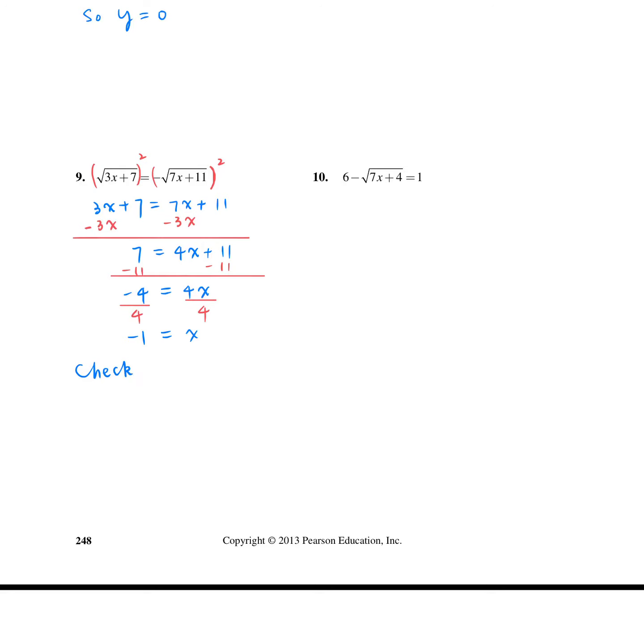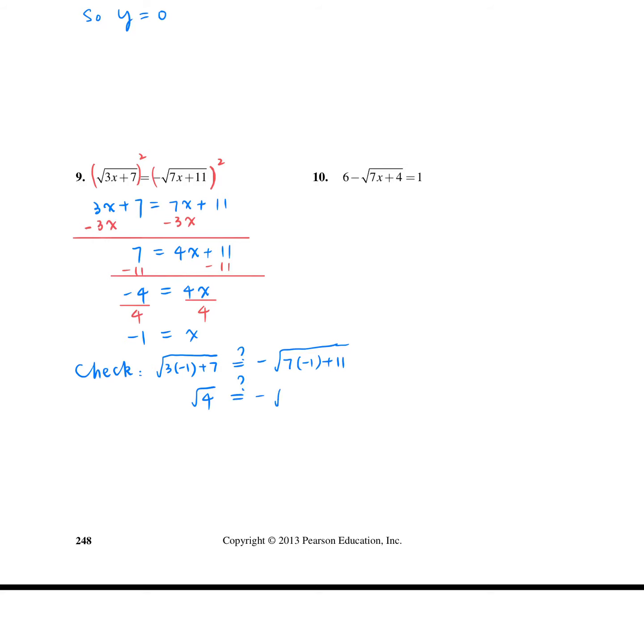Don't box your answer yet. Let's check whether or not it's correct. Radical 3 times negative 1 plus 7. Is this the same as negative radical 7 times negative 1 plus 11? So you simply plug in the solution into the original equation. On the left-hand side, if you simplify, this is radical 4.